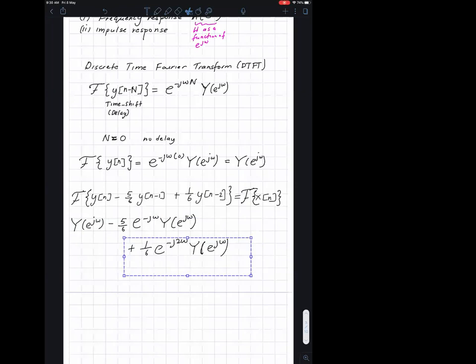Equals to, okay, the Fourier transform on the right side is going to be X. After you do the Fourier transform, all the lowercase become uppercase, x and y's. Everything becomes a function of e to the j omega.